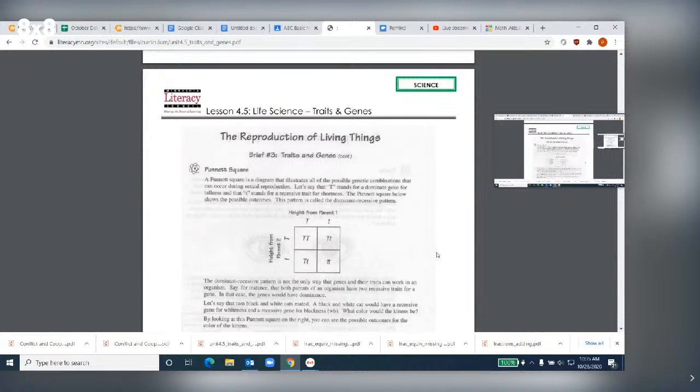Remember, to be recessive, you have to have two of the smaller t's. Okay, so chances are that the offspring are probably going to be 75% tall and 25% short. And they're going to be short because they have the two smaller t's, lowercase t's.